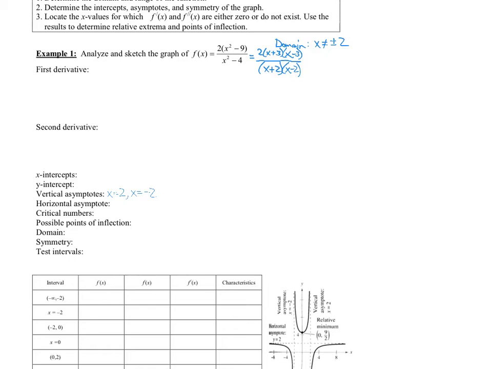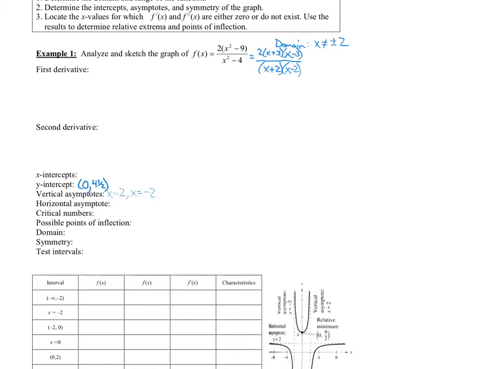Now, what else can we figure out pretty easily just by looking at the function here? Y-intercept? Okay, y-intercept is a point 0 something, right? So if you plug in 0 for x, what do you get? So negative 18 over negative 4, so positive 9 over 2, which is 4.5. There you go. So we got a point there.